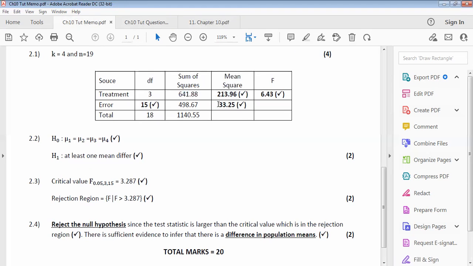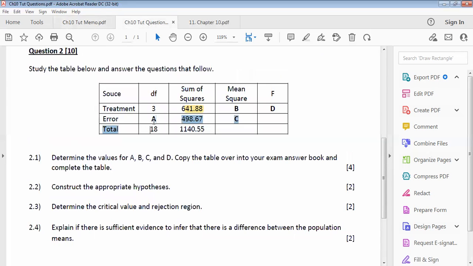So anyone who can find this one, and let's find the error, because they give you the total of the treatment is 18.